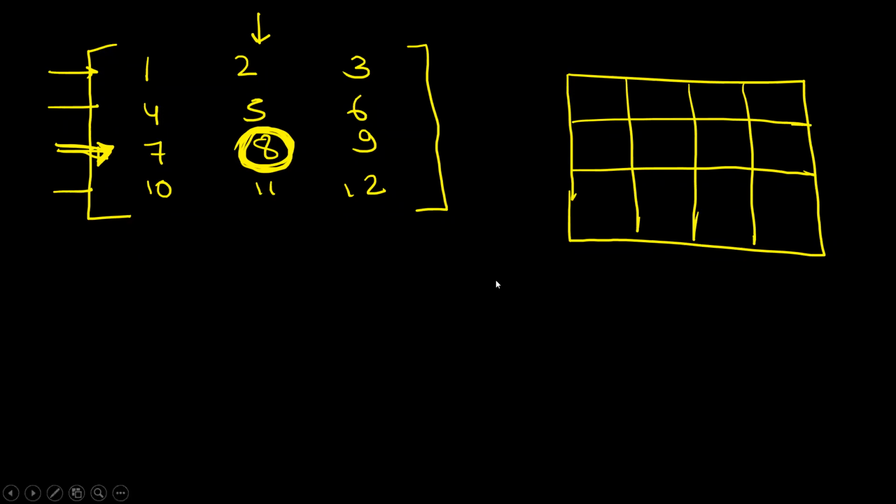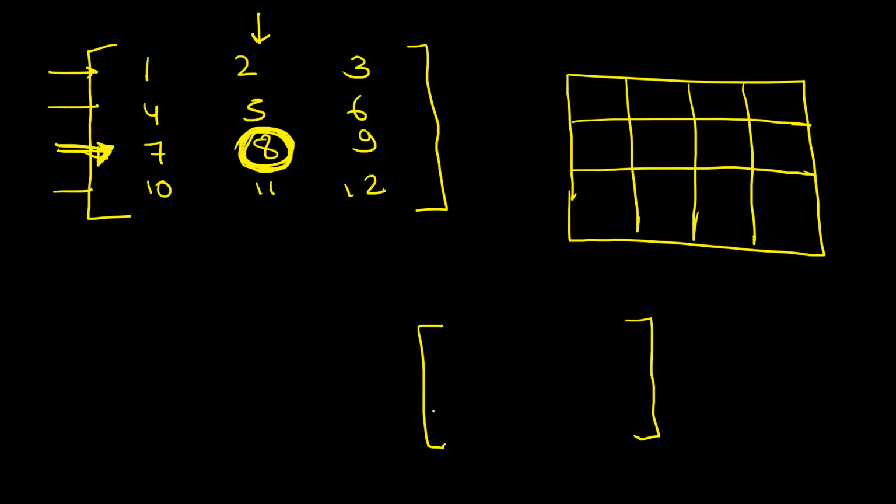Whenever somebody makes a 2D array, you will have to tell me how many rows and how many columns you need. So if I say I'm talking of a 2-dimensional array having 3 rows and 4 columns, you can treat it like a matrix with 3 rows and 4 columns.